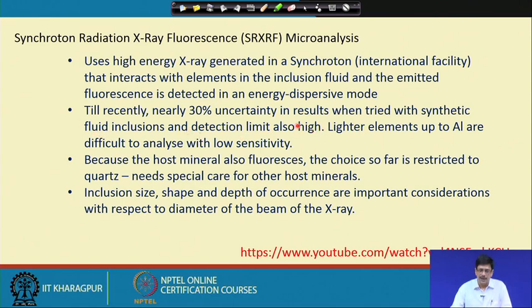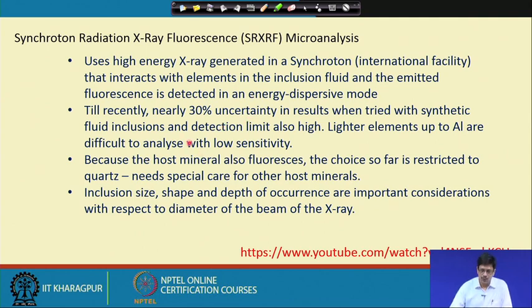Some work was tried with synthetic fluid inclusions of known concentration, to see how the signals come, and this technique has a lot of promise for addressing the concentration of ore metals in the ore fluid along different evolutionary paths in any kind of mineralizing system, like an orogenic gold deposit system, or a magmatic or porphyry copper system, where it could actually be utilized.